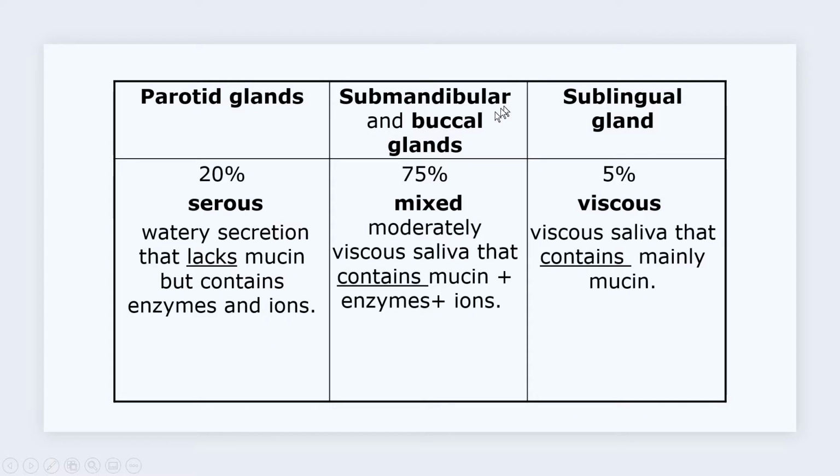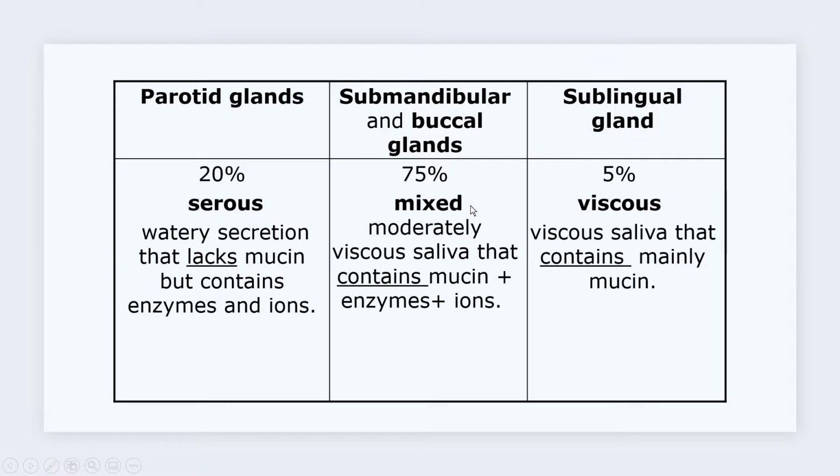Then come to the submandibular and buccal glands. Basically, the buccal gland contribution is very small, almost 7% out of the total. And the submandibular gland secretes serous secretion as well as viscous secretion.